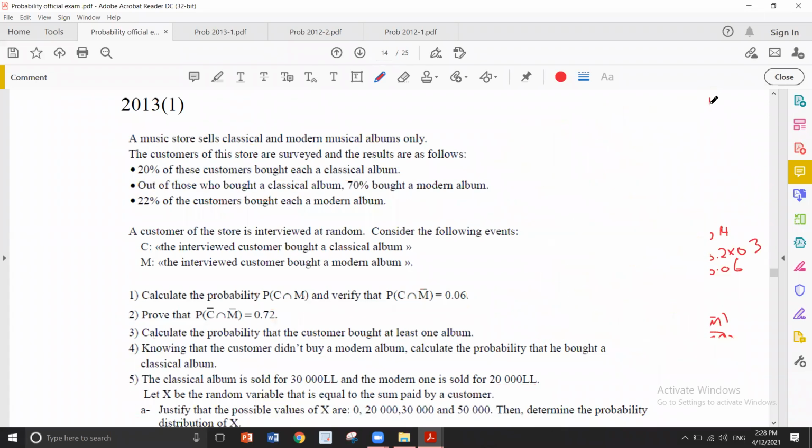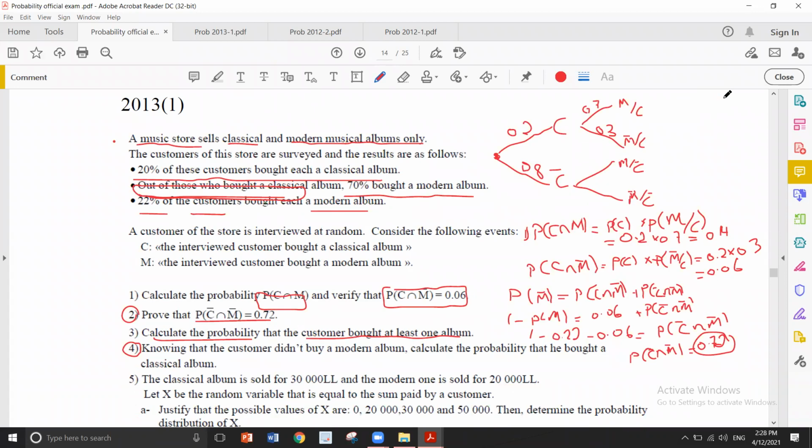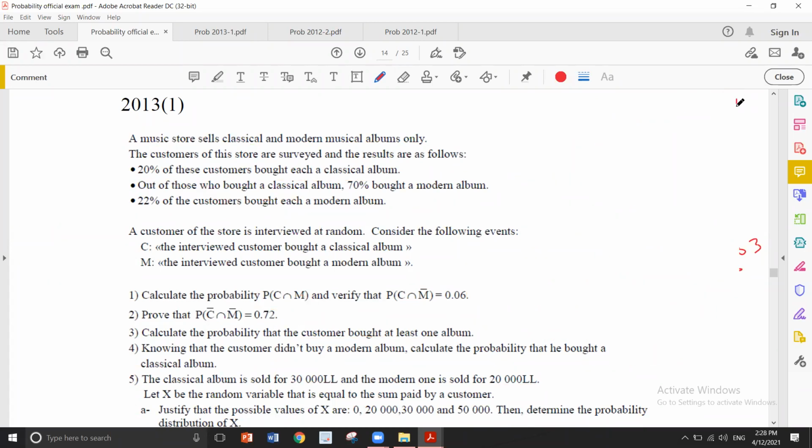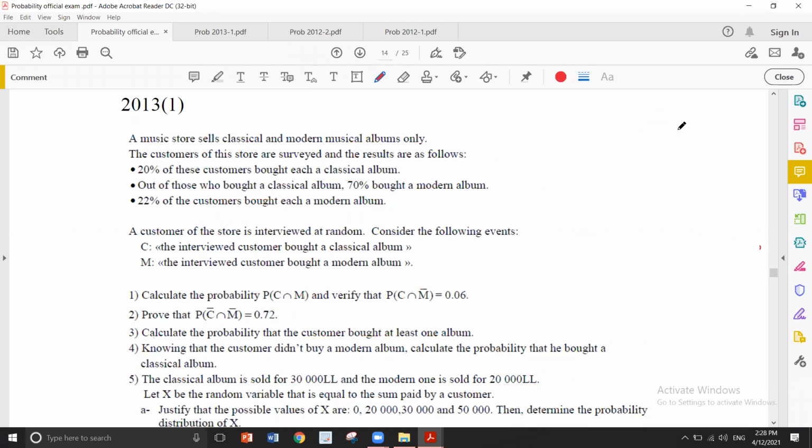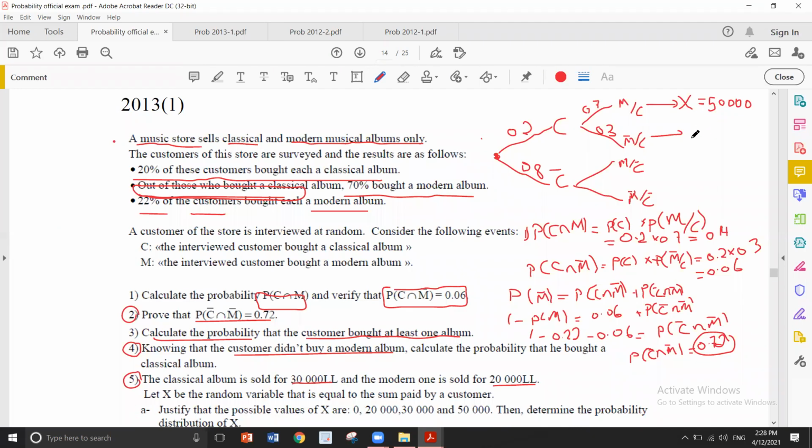I will repeat it in a minute. X equals 50,000. Here he bought classical, no modern, then X equals the classical for 30,000, so X equals 30,000.